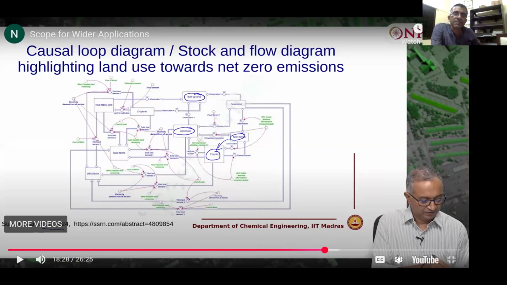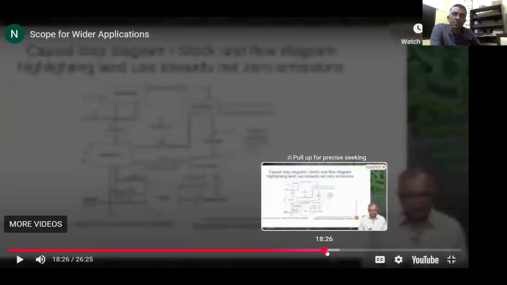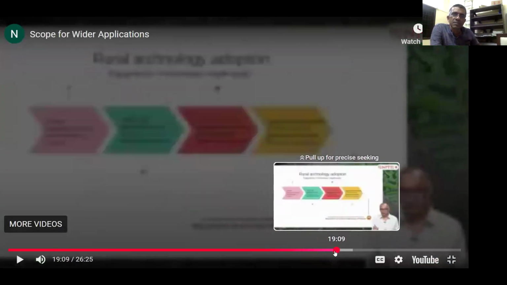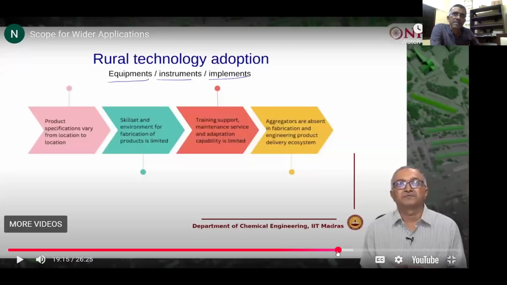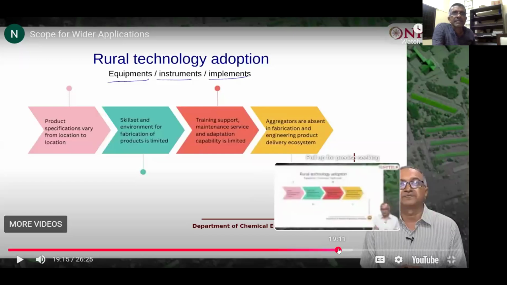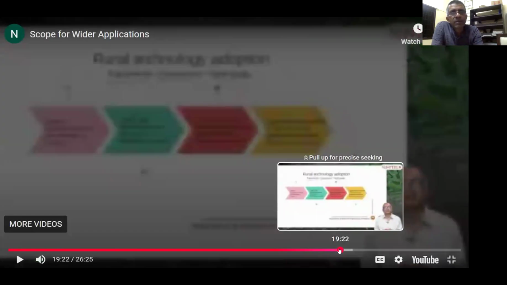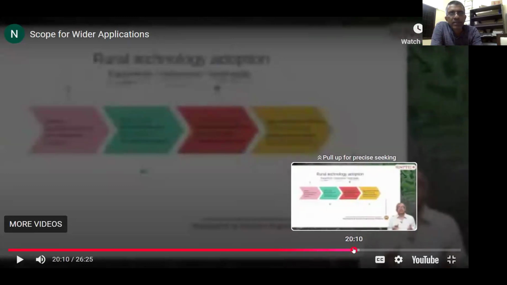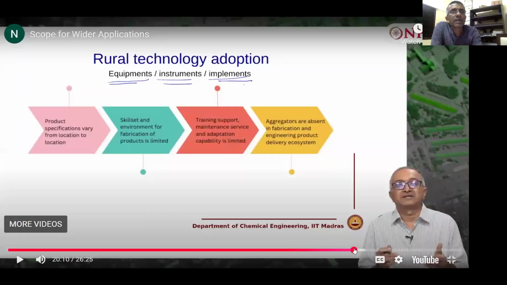Okay, next. Any rural technology adoption? He was thinking aloud. Anything else? Any causal loop diagram for this he shared?